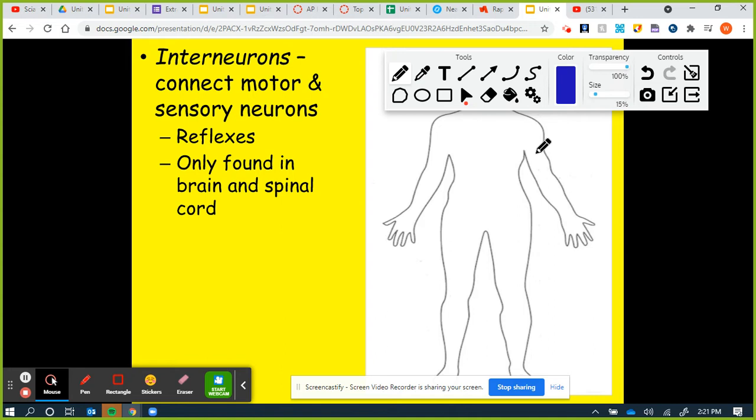And they are the connection between sensory and motor neurons. If a sensory neuron sends a signal up that you're burning your hand, that signal goes from the sensory neuron to interneurons, and then the interneurons communicate with the motor neurons telling you to pull your hand away. So the interneuron is the intermediary between sensory and motor neurons.